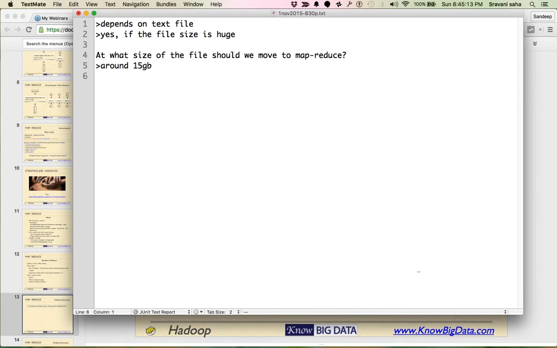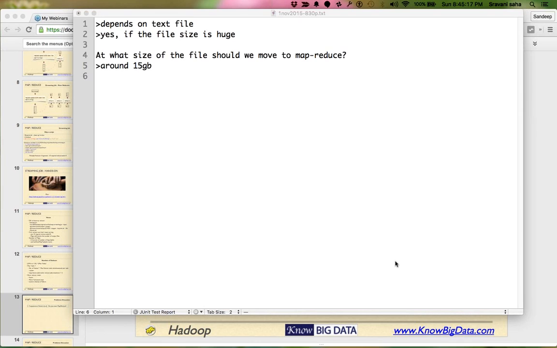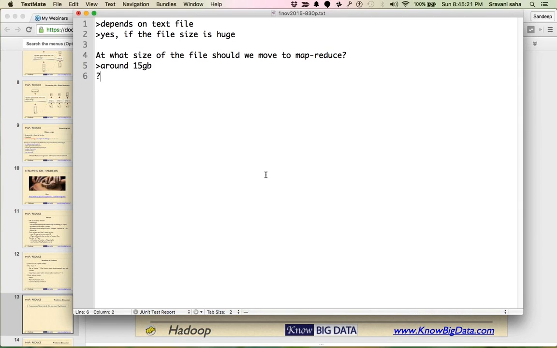Good, good. Veena says around 15 gigabyte. Randhir says a few GB in size. Ravi says greater than block size.